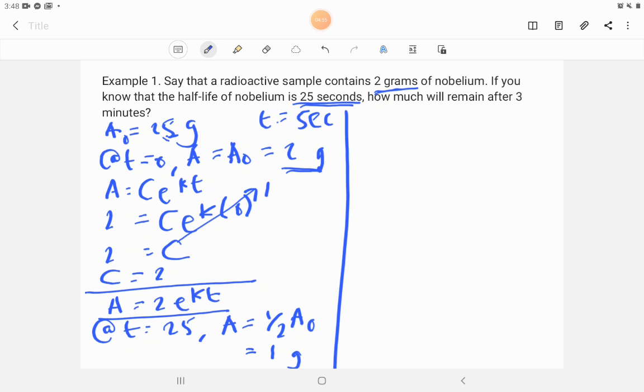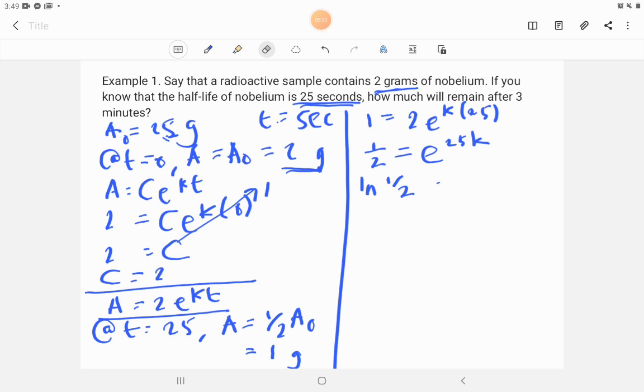A is equal to 1 gram, C is equal to 2, e to the power of k times 25 seconds. So 1 equals 2 e to the k times 25. What we will do is divide 1 by 2, so we have 1/2 equals e to the 25k.